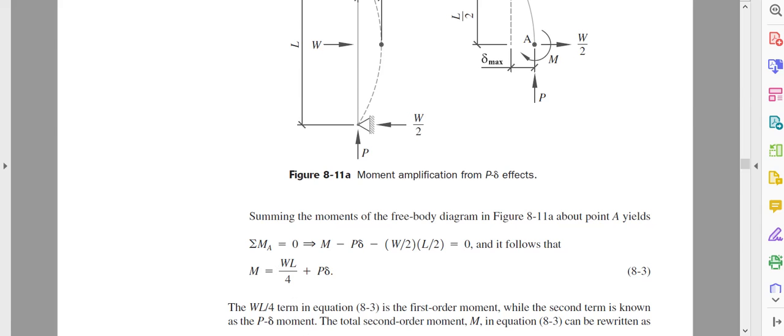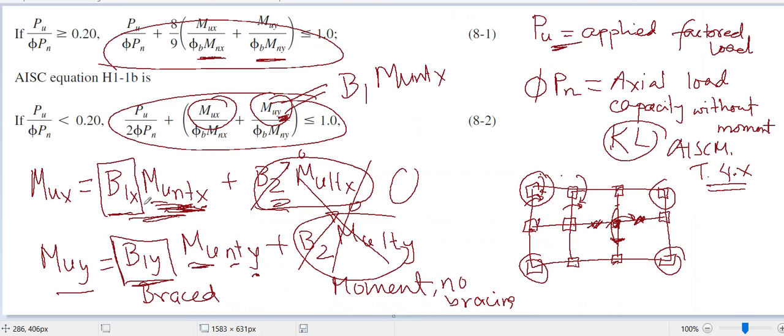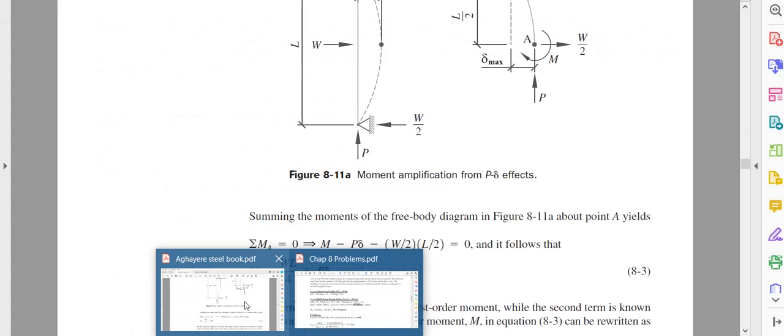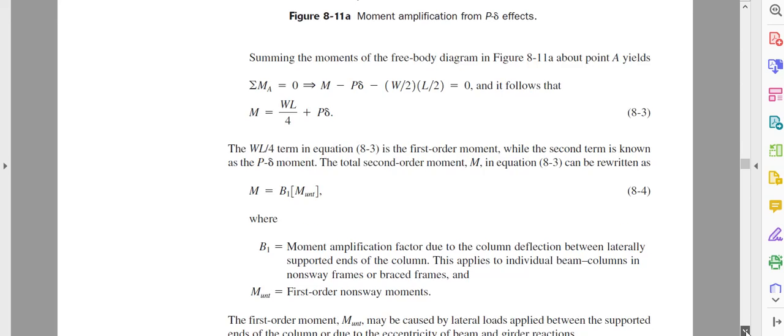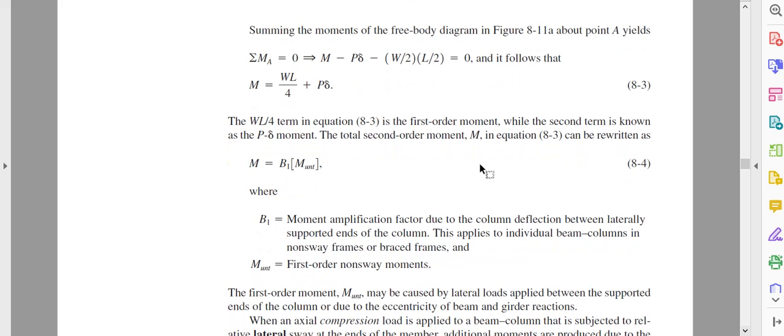We were talking a lot about what B1 is. B1 will consider any moment coming due to the buckling. Now how to find it? We are going there. You can see here they wrote M is B1 Mu NT.